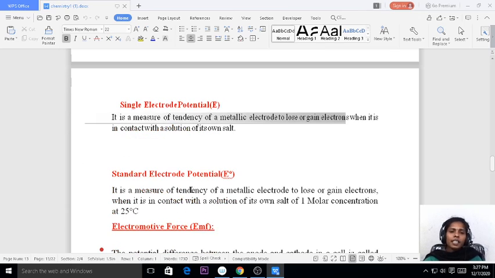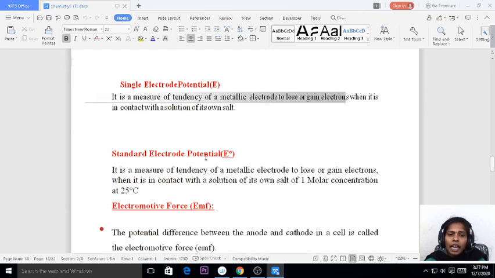Now let us see the further topics in electrode potential: single electrode potential and standard electrode potential. But before that, you should know what is meant by electrode potential. Electrode potential is the potential difference between an electrode and its salt solution. The same definition applies to single electrode potential.